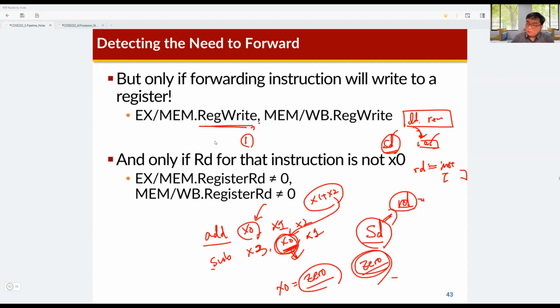We need to avoid this case also. Understand? So we need to check whether the destination register is 0 or not. So another condition is that the destination register of the former instruction should be non-zero. Okay.